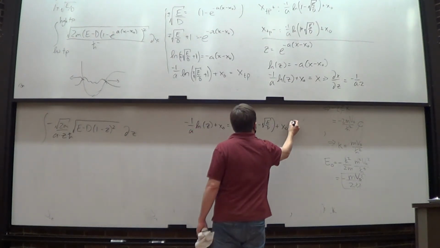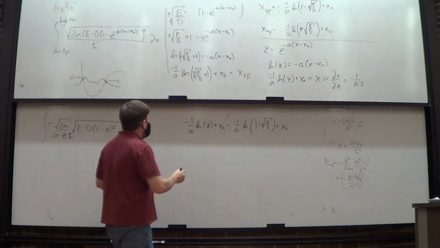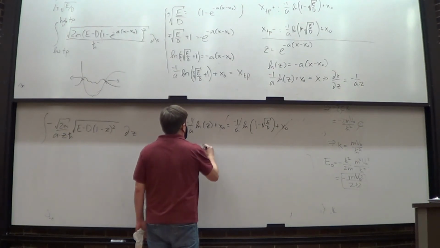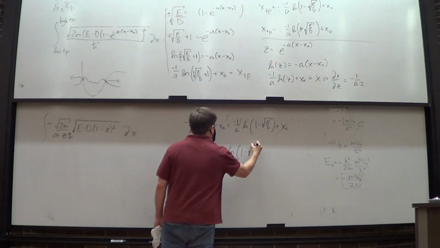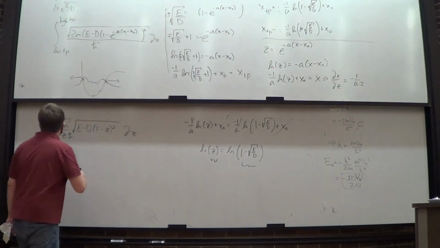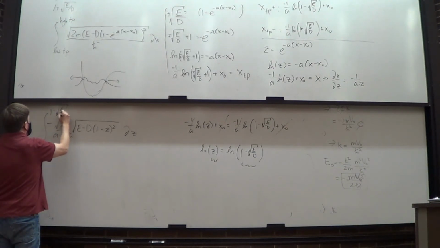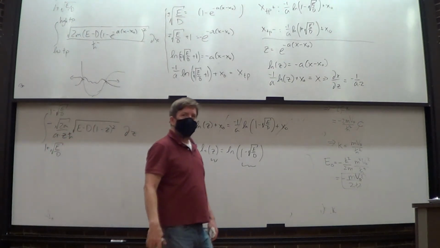It's always easy to scratch out minus x naught on both sides. The arguments have to be the same. Well, this ended up being really easy. And then the same for the other one. All right, that's it. Now you've got the identity.